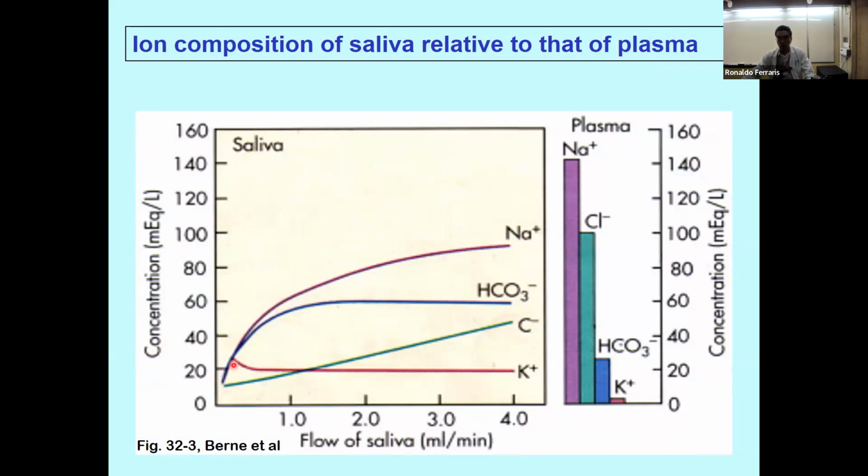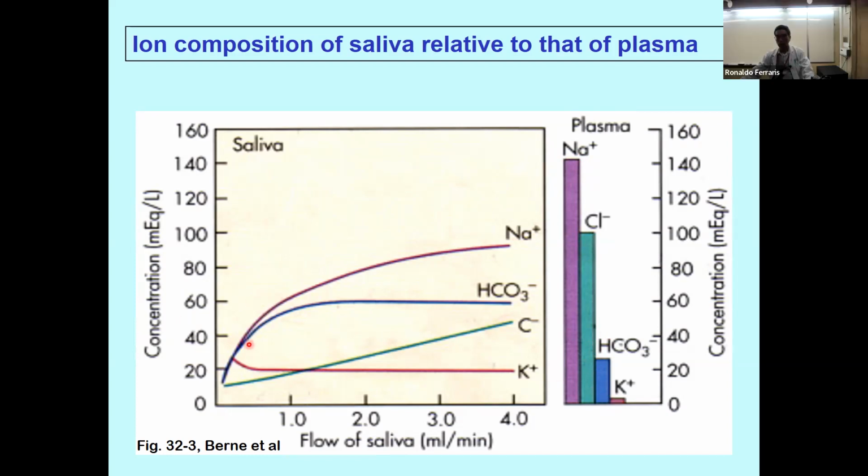So we talked about sodium concentration increasing in saliva with flow rate. But this increase is actually always hypotonic to that in the plasma. The sodium concentration in the plasma is about 145, chloride is 100, bicarbonate is 30, and potassium is about 5.